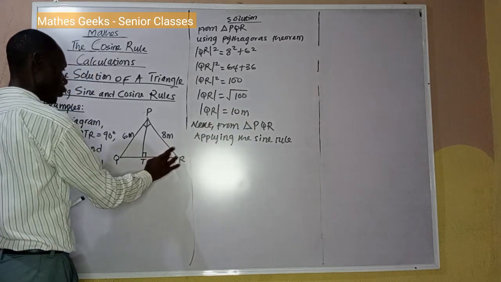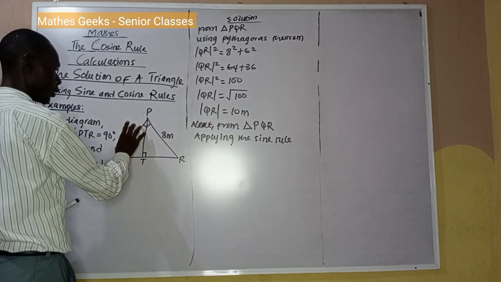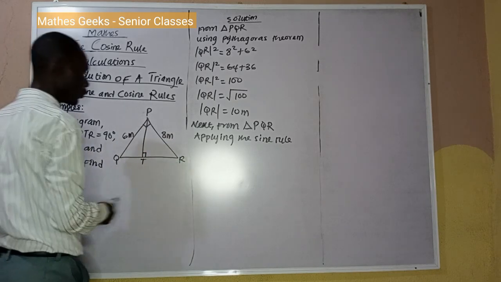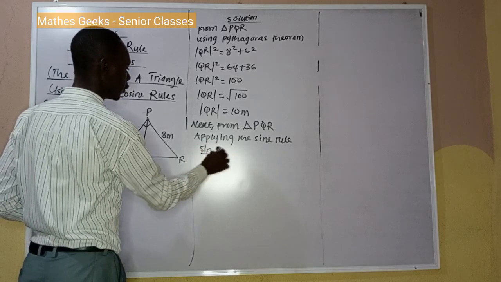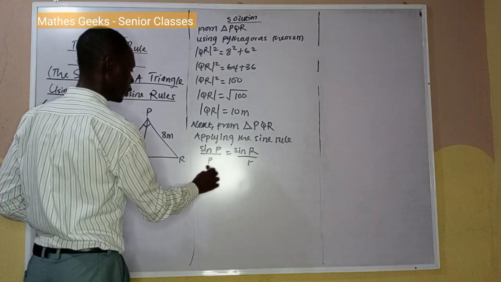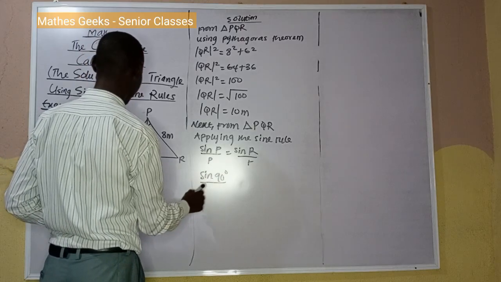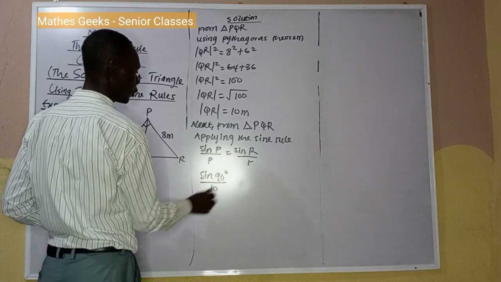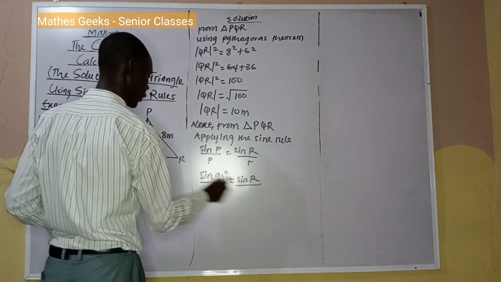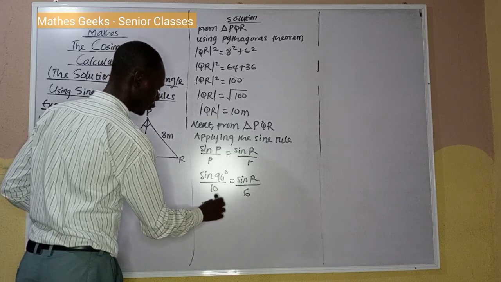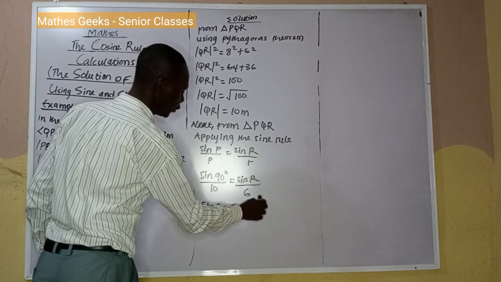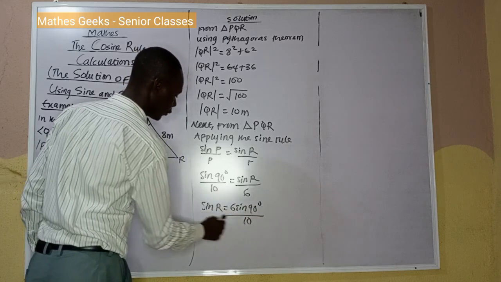So let's neglect angle Q because we already know the side opposite angle R. So we use the sine rule to find this angle. Sine P over p is equal to sine R over r. Sine 90 degrees over 10 equals sine R over 6.